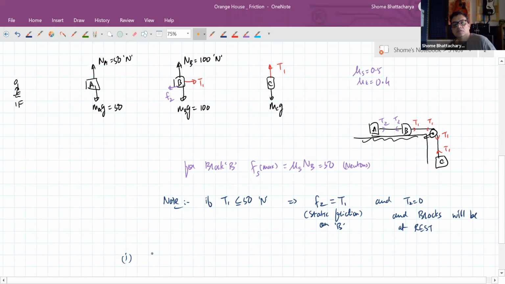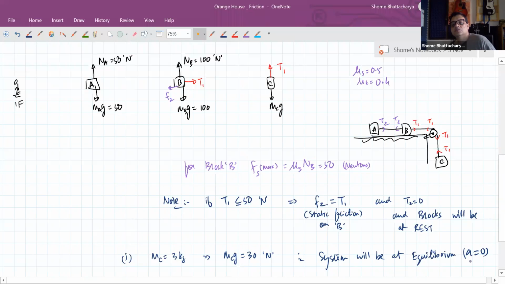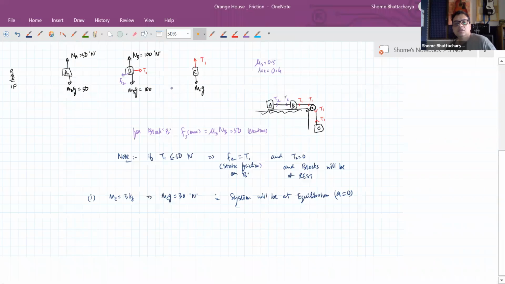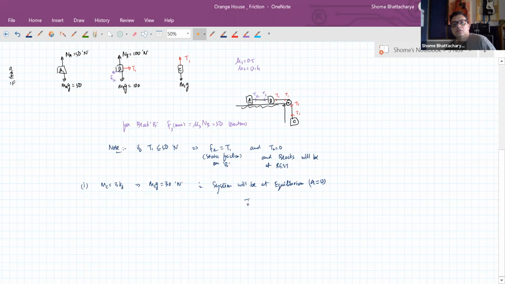The case 1, mass of C was given to you as 3 kilograms. So its weight is 30 newtons. So therefore, the system will be at equilibrium. That is, acceleration will be 0. So what will happen is that in the above free body diagram, T1 will balance the weight of this block, so that will be equal to 30 newtons.